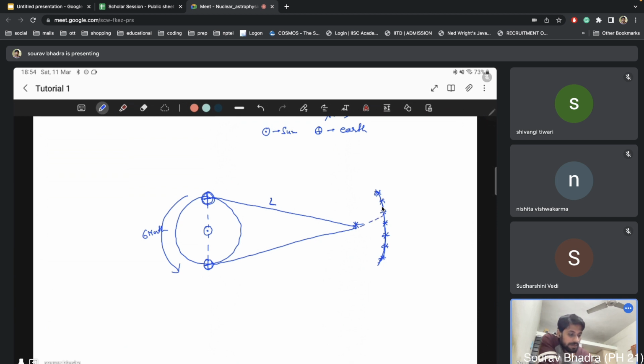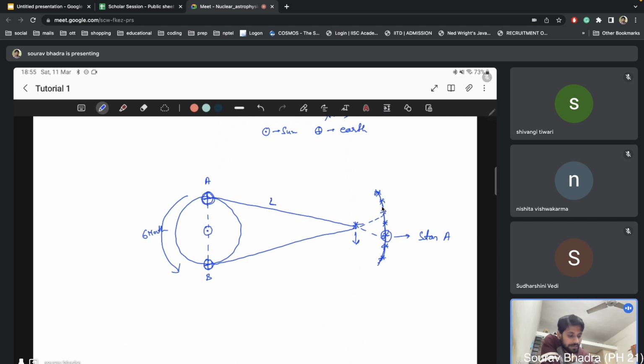Now suppose, when the observer is looking from position A, it will see the star against the background of this particular star. Suppose this is star A. From position A, this is our measurable, the star whose distance we want to measure.